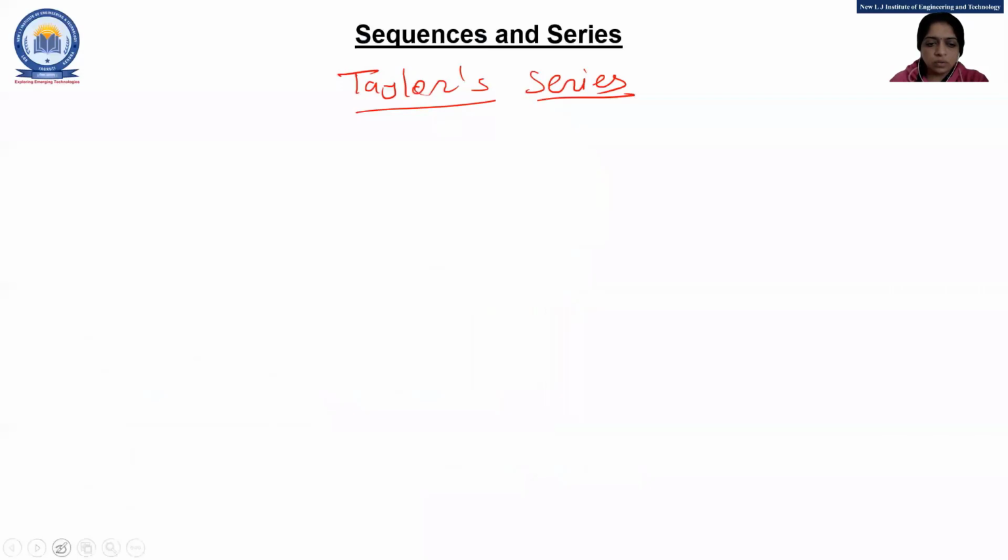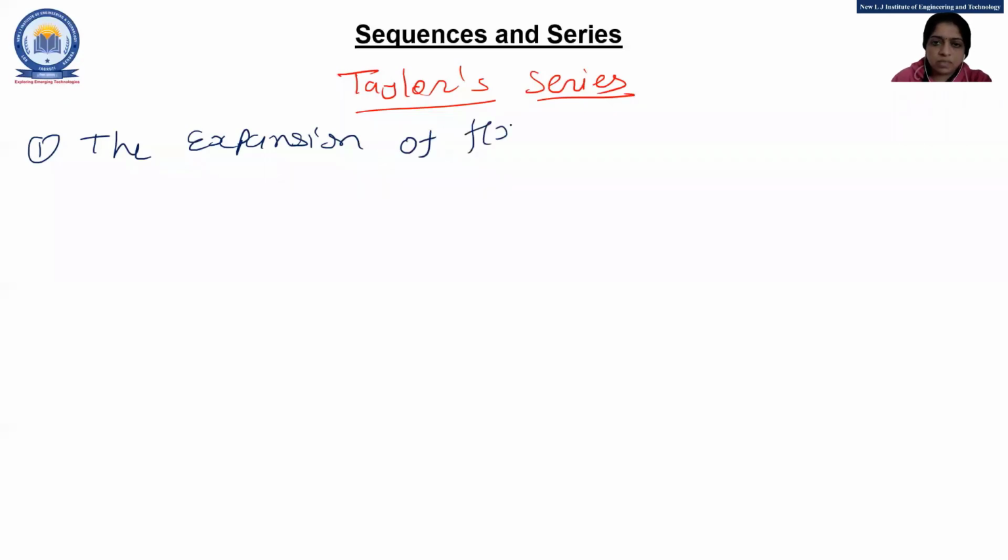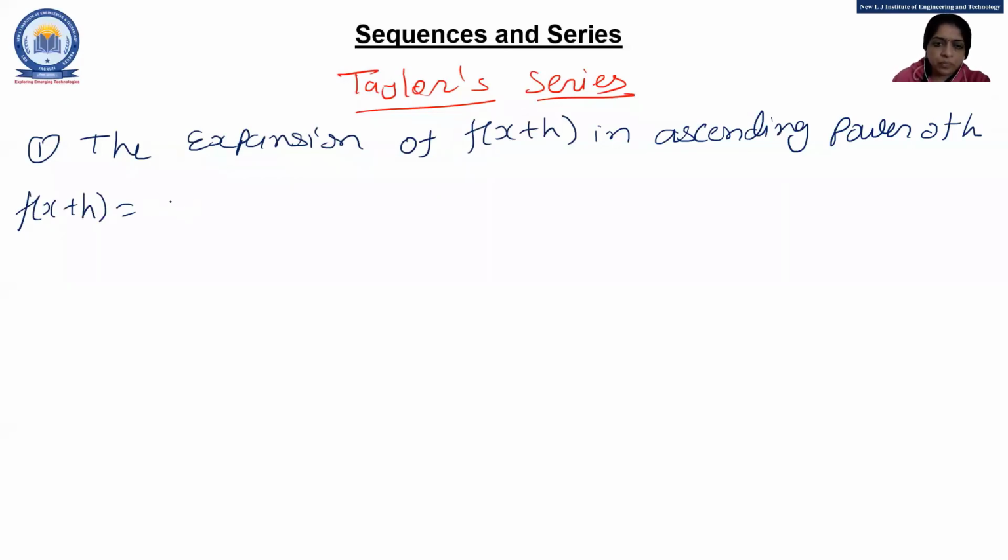First, if we want the expansion of f of x plus h, where x is a variable and h is a very small value, in ascending power of h, then the given function f of x plus h is equal to f of x plus h f dash x, this is the derivative of f of x, right?